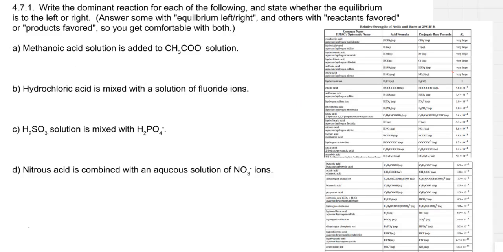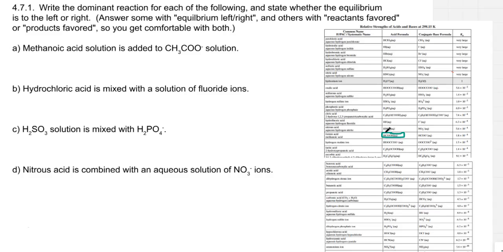If we have a reaction such as this, methanoic acid added to CH3COOH. Now, let's see if I can actually find those on my table. Methanoic acid is here. It's also known as formic acid.